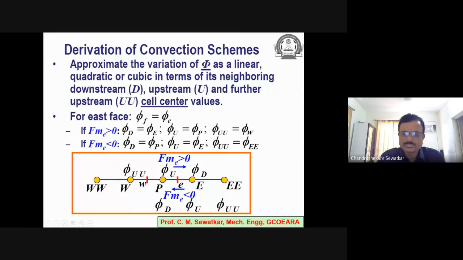Similarly, when my flow is in the negative x direction and I am still finding the value on the east face, then phi p will be phi d, phi capital E will be phi u, and phi capital EE will be phi uu. The same expressions are written here. I hope you understand that. So we have simply changed the nomenclature from phi p, phi e, phi w to phi d, phi u, phi uu, and so on.